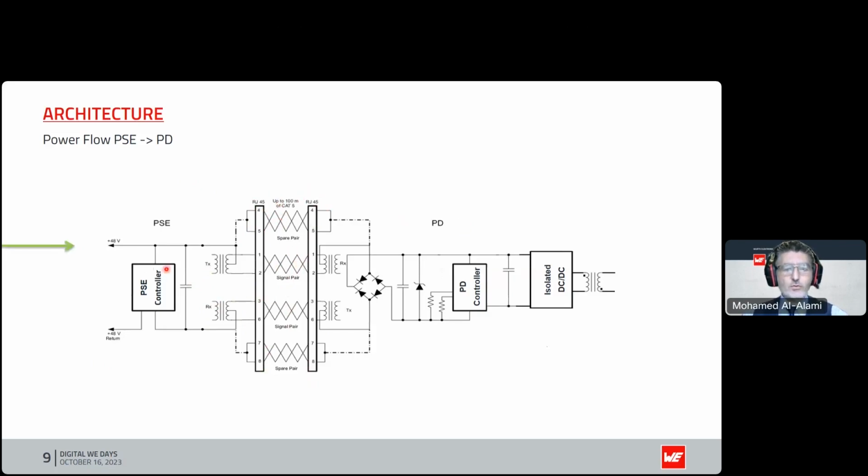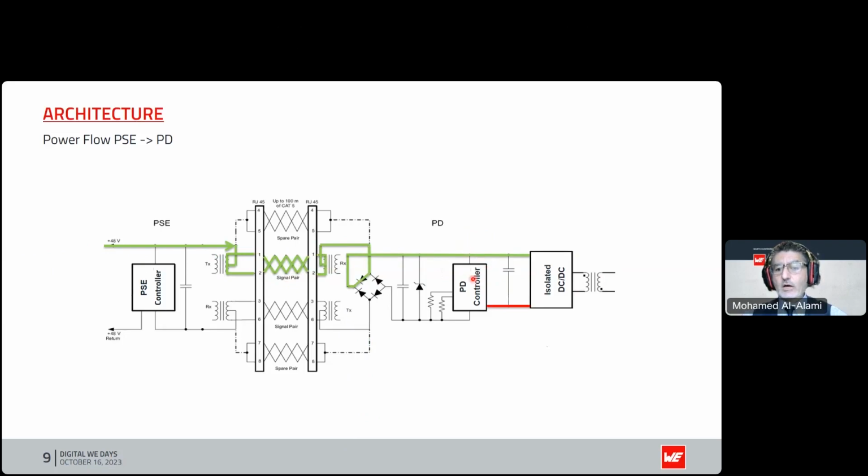If we look through, the power is transferred from the PSE through the center tap of the transformer onto the 2 pairs of Cat5 cable, picked up at the RJ45 at the PD end, and transferred through a bridge rectifier onto powering the PD side of things.